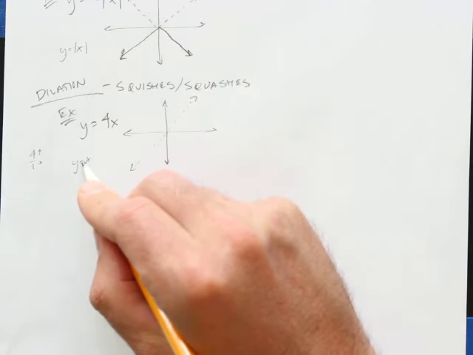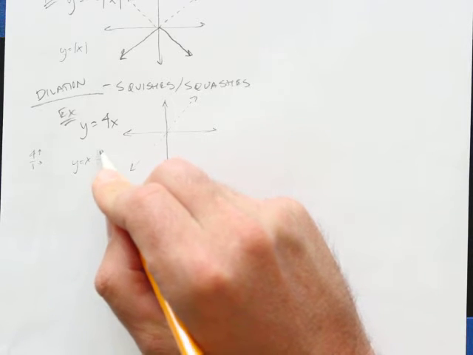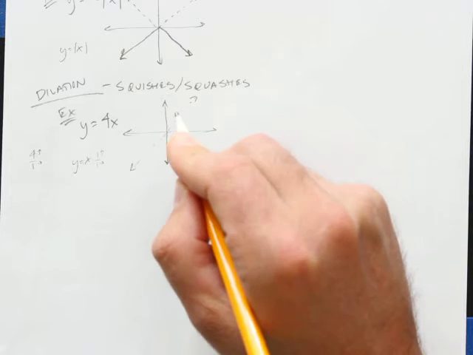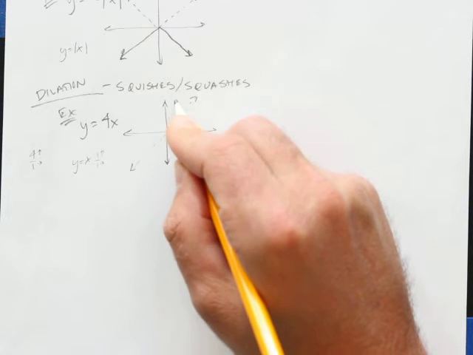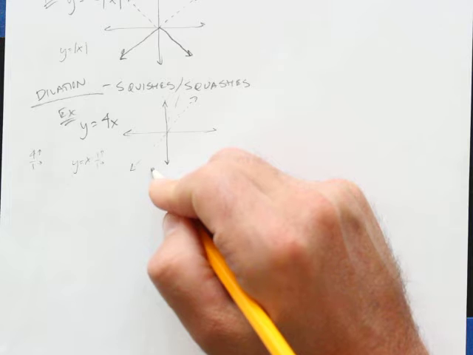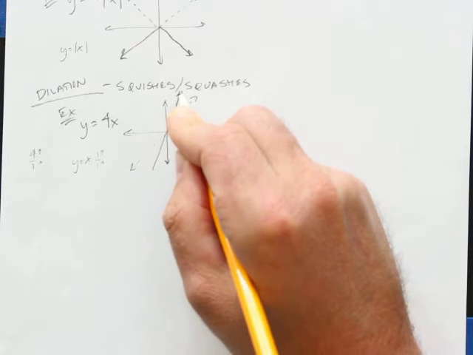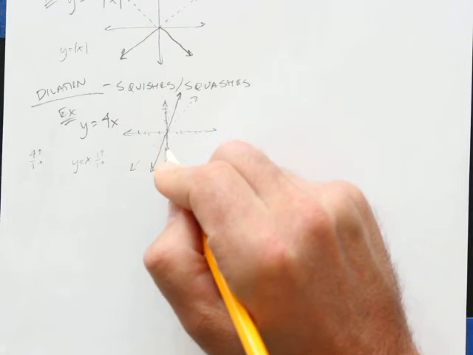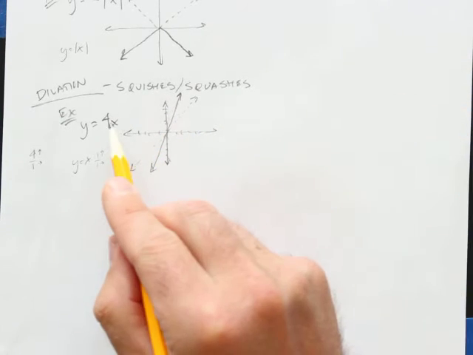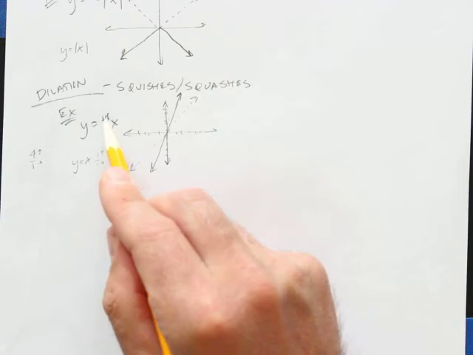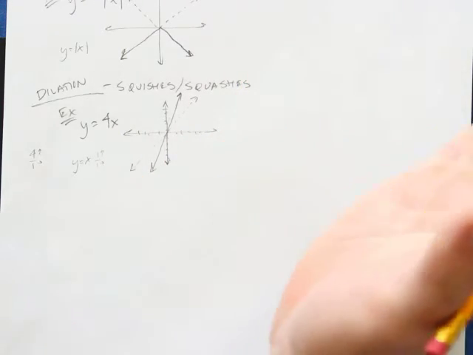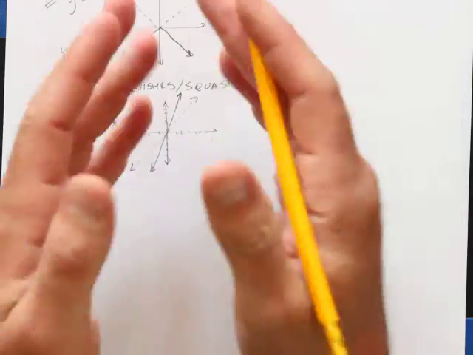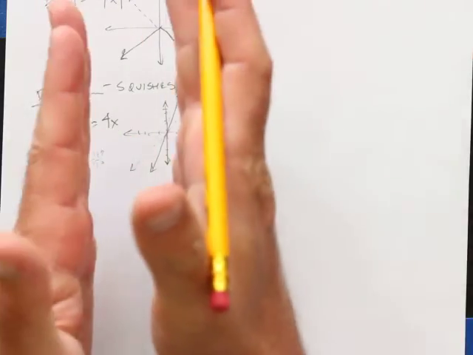In y equals x, my slope is 1 over 1, so I go up 1 to the right 1, up 1 to the right 1, up 1 to the right 1. If I go up 4 and to the right 1, then that's a much steeper angle. And so this 4 next to the x, if I'm multiplying by 4, then it squishes this way. It makes it taller that way.